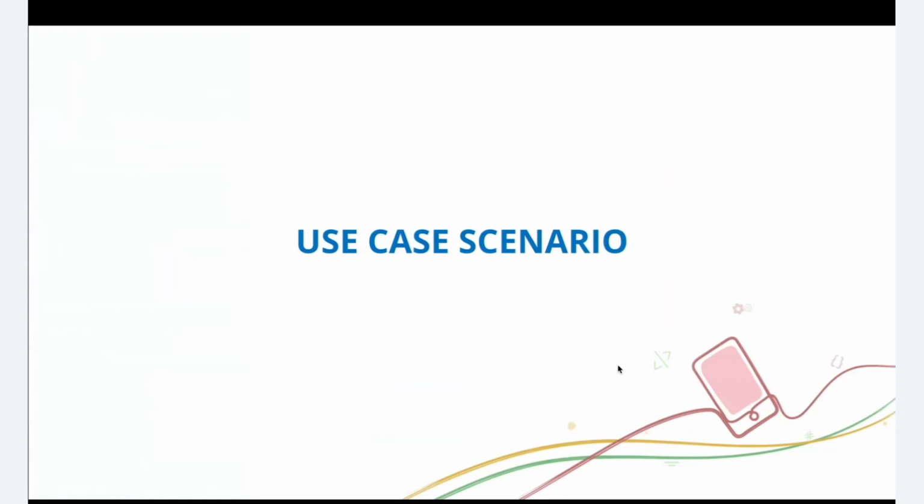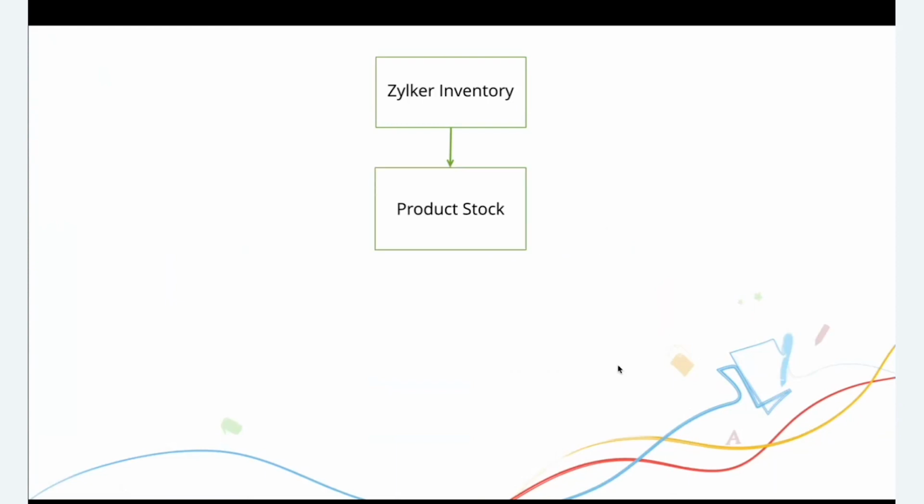Before I show you how the canvas looks, let's quickly discuss a small use case scenario that I brought, on top of which we are going to use this Canvas Layout Designer to build the layout. The use case is Zilker inventory management. In inventory management, we'll be managing all the product stocks. To manage the product stock as an organization, I have to tie up with a few vendors who provide me with my stock.